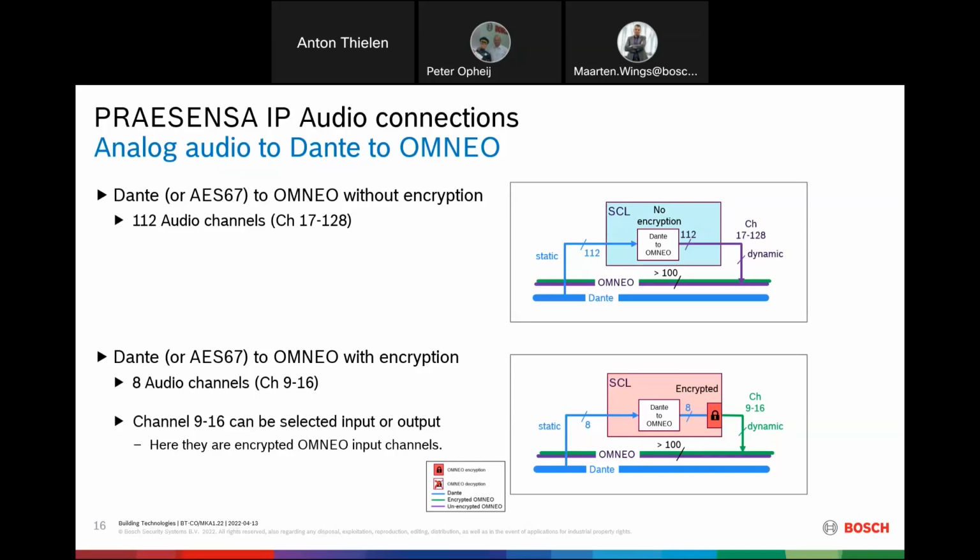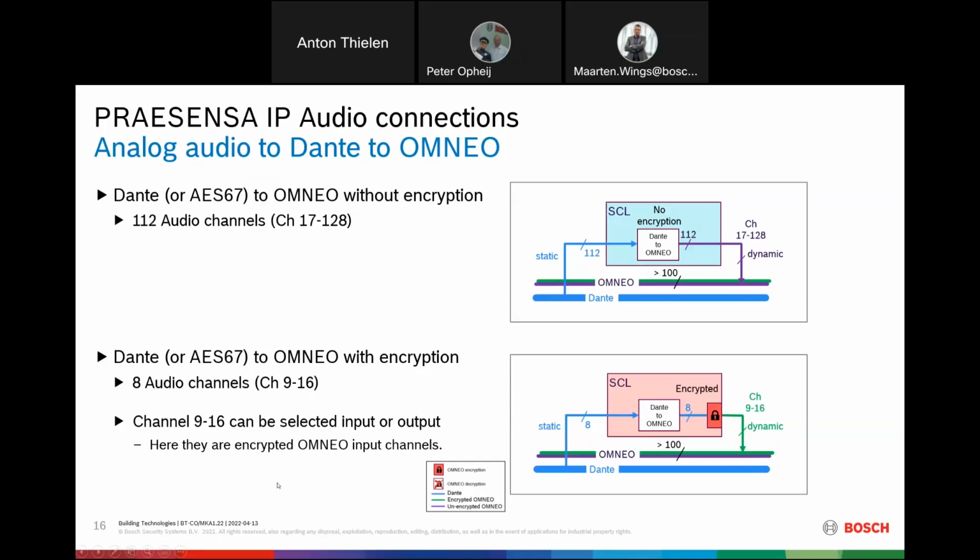Channels 9 to 16, and when you have seen already the configuration pages of PRAESENSA, they can be selected as input or output. So that means we have 8 encryptors or decryptors in the network. At the moment you need to have these audio outputs, you need these channels to get the audio out of the system.